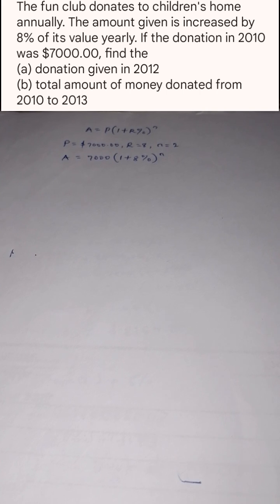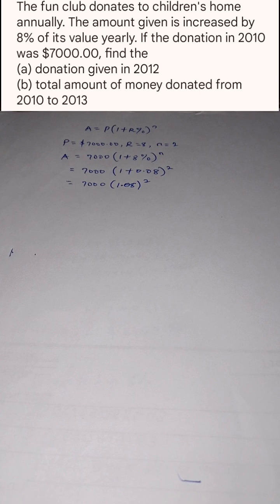We can evaluate 8%, which is 8 over 100, and it simplifies to 0.08, to the power of 2. Now we can add 1 plus 0.08, which is 1.08, to the power of 2. So we have 1.08 times 1.08, then we multiply it by 7,000.